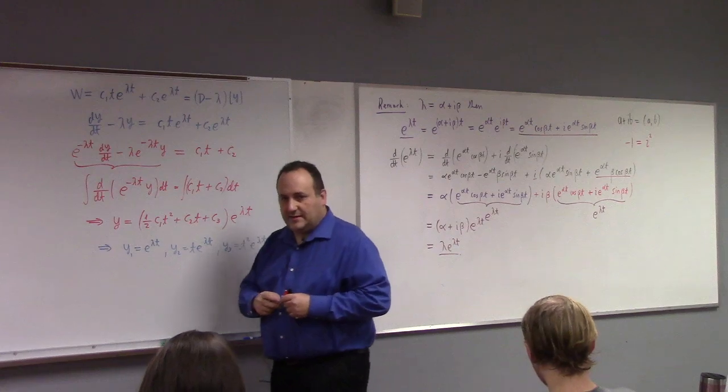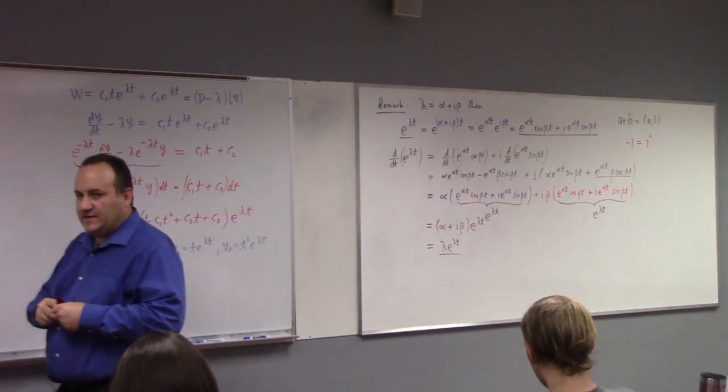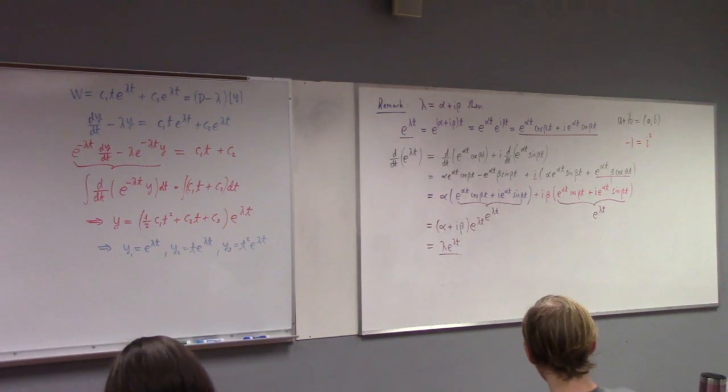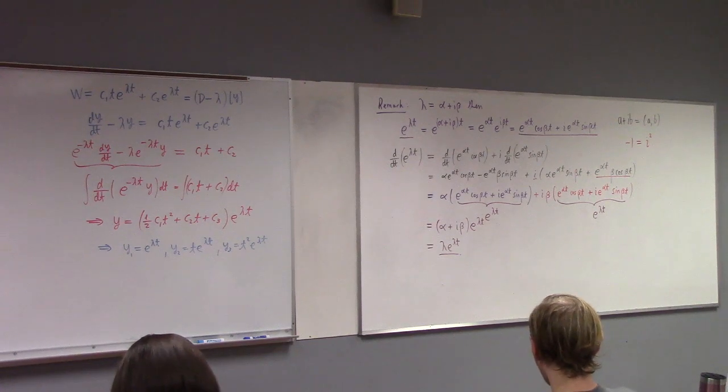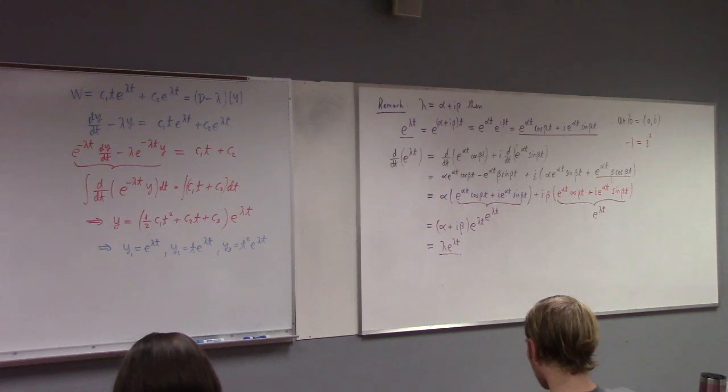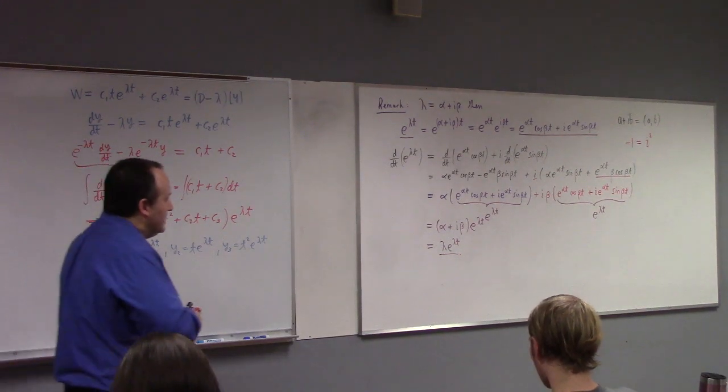So don't take it lightly when I tell you, oh, this works in the complex case. That's not obvious. It's all of the calculus I just did. All of that calculus is rolled into extending calculus to the complex number system. Calculus in the complex number system plays super nice.